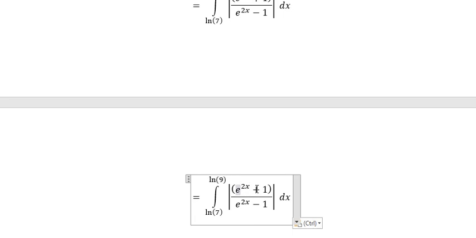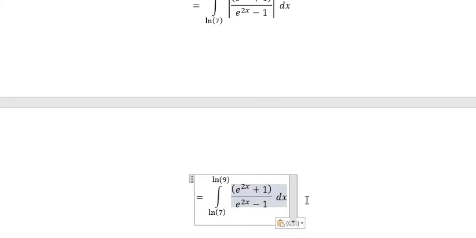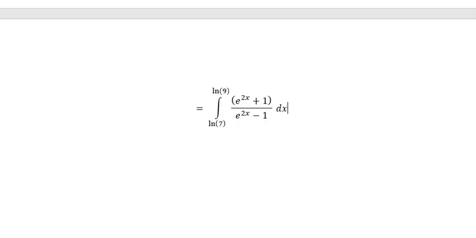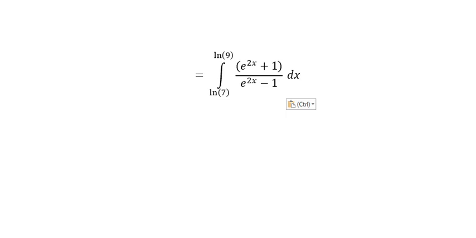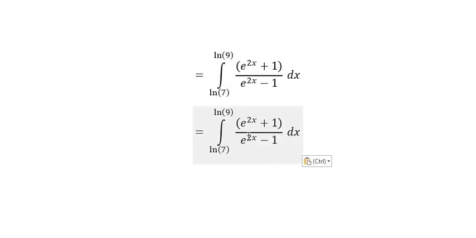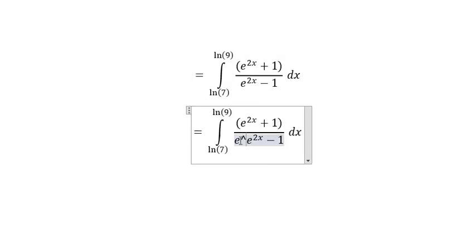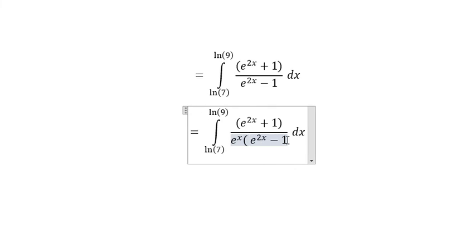So if we put in here, you still get positive. Now we can cancel the absolute value. Next, we need to multiply by e to the power of s on numerator and denominator.